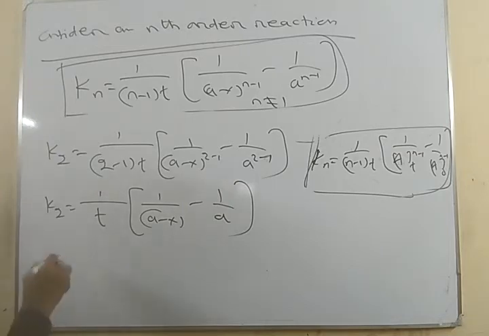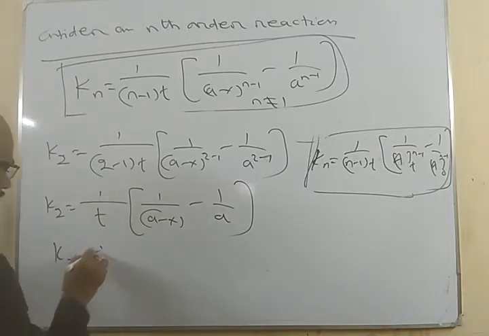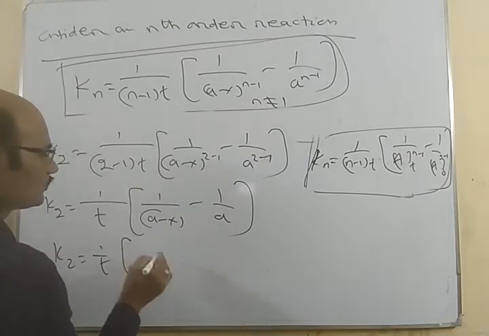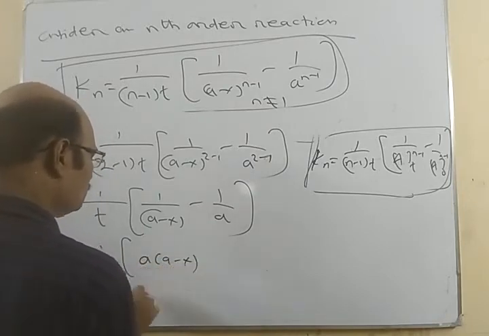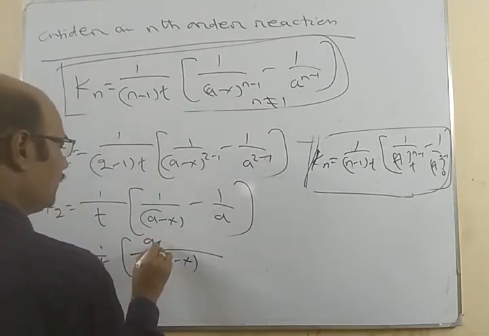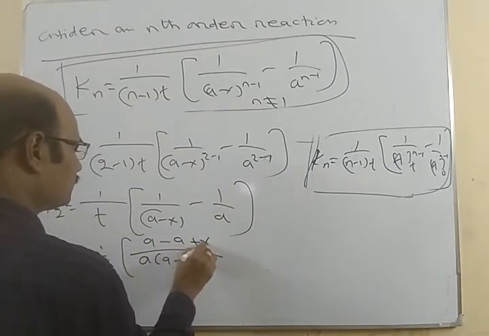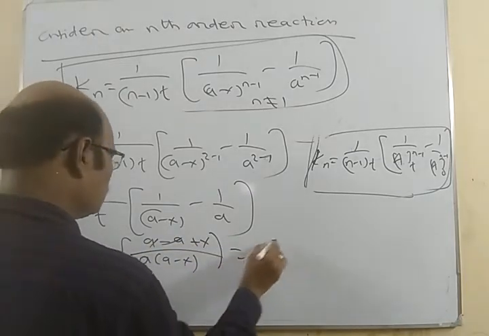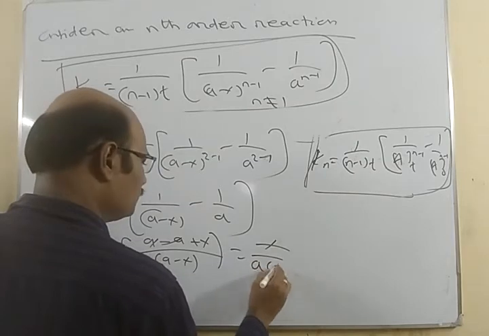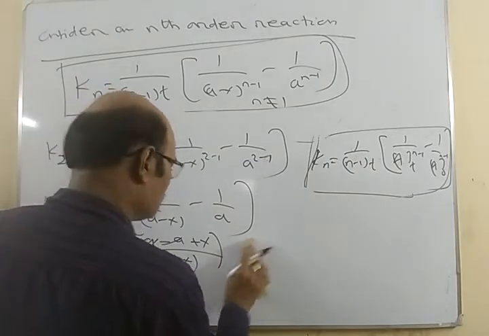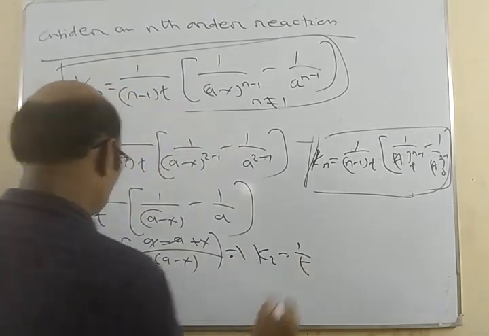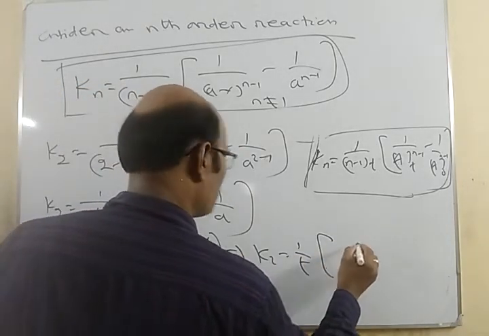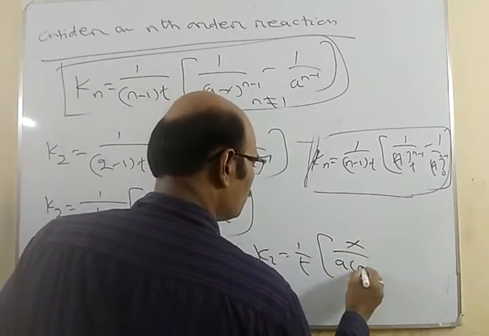Okay, or I can write k2 equal to 1 by t, 1 by a into a minus x, a minus a plus x, x by a into a minus x, simplifies: k2 is equal to 1 by t into x by a into a minus x.